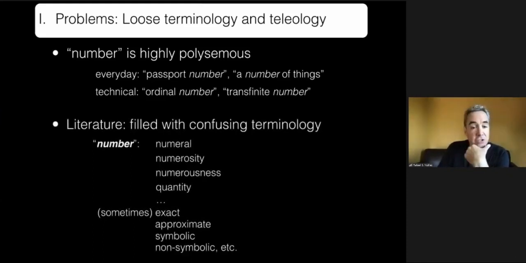Now, in the scientific literature of numerical cognition, there is also a lot of confusion in terminology. This is not just me saying it; other people have written about it since the 1980s. Usually there is confusion between number and numeral. Numerals are signs for numbers, referring to numbers. So these are the signs of numbers, not the numbers, the number concepts themselves.